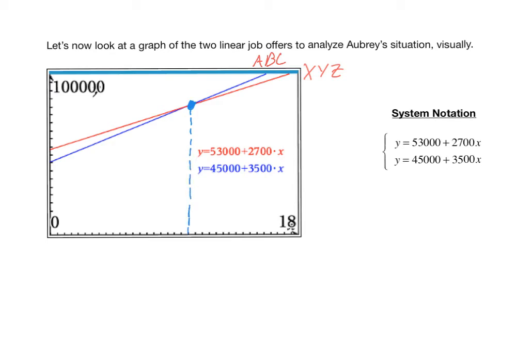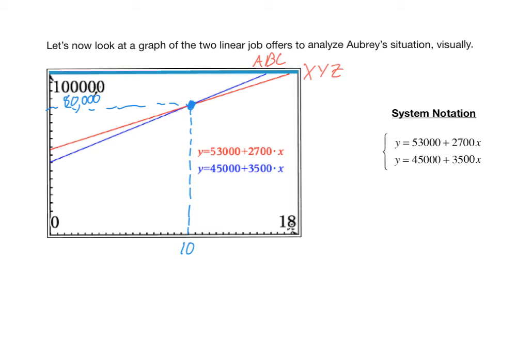I've already done this computation, but this is precisely at an x value of 10, and the corresponding y value is 80,000. So the meaning of this is in year 10, if Aubrey is at ABC company, she'll make 80,000. If in year 10 she's at the XYZ company, she'll also make $80,000.